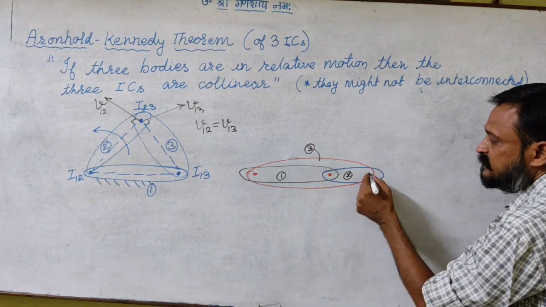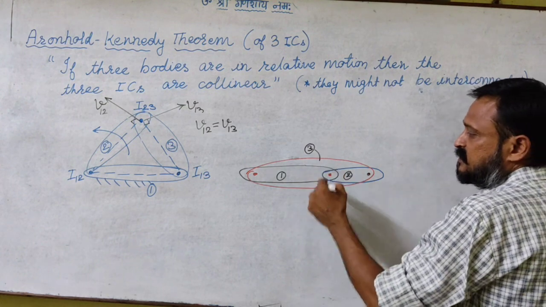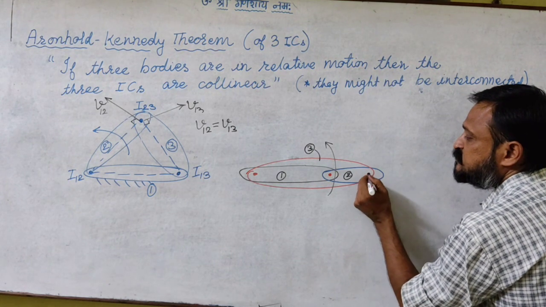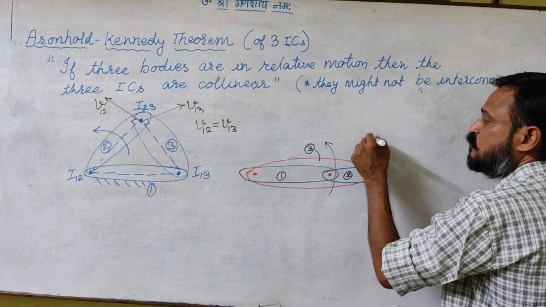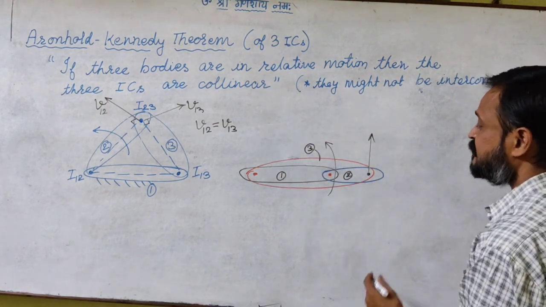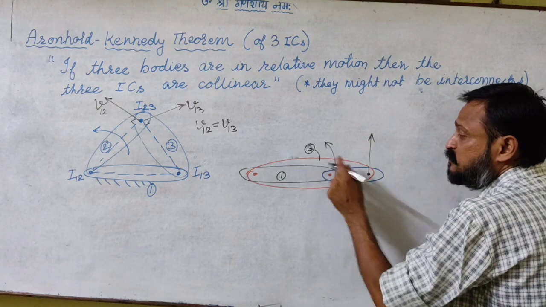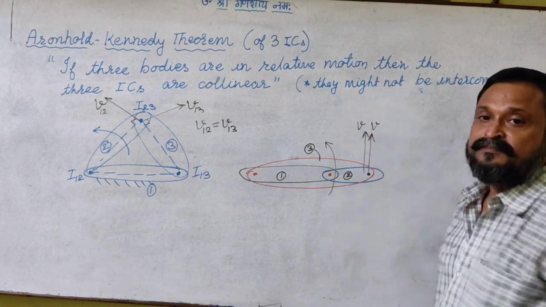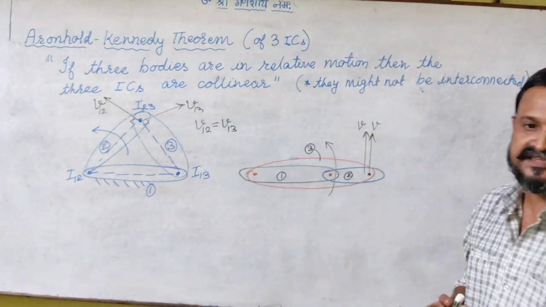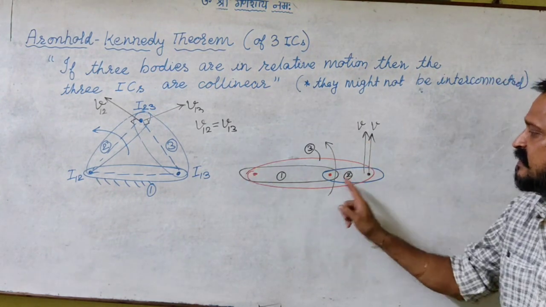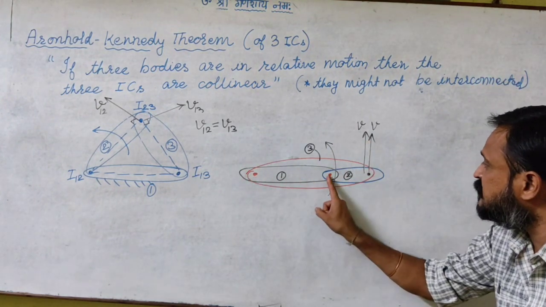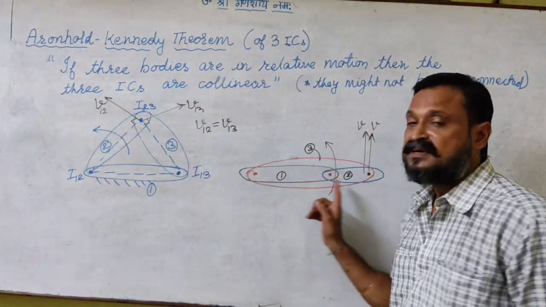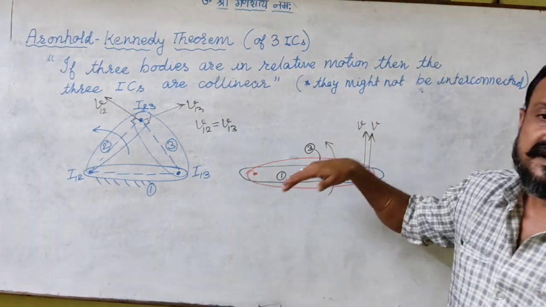So this is the joint. Try to understand this. Now if this link number 3 is turning in this direction, the velocity vector of this joint with respect to link number 2 will be this, and this joint with respect to 3 will also have the same direction. So both these velocities will have the same direction. That means until and unless these 3 instantaneous centers come along a line, or are collinear, this cannot exist.